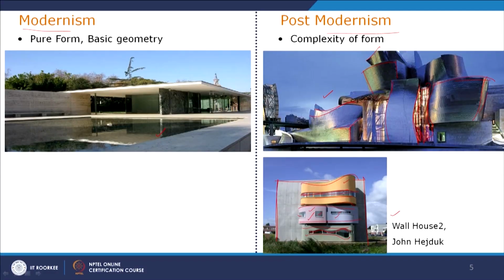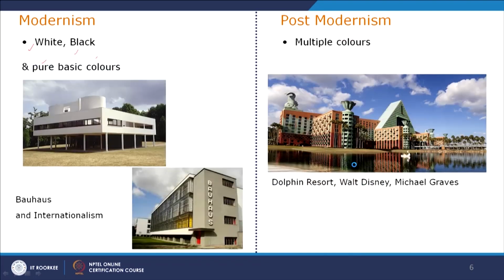And postmodernism has a lot of experimental colors, for example we see purple and blue and a yellowish orange. And here in this Dolphin Resort at Walt Disney World, designed by Michael Graves, we can see orange and different shades of orange, sap greens, which is not the pure green which Frank Lloyd Wright used, and which was also used by Le Corbusier in Chandigarh.